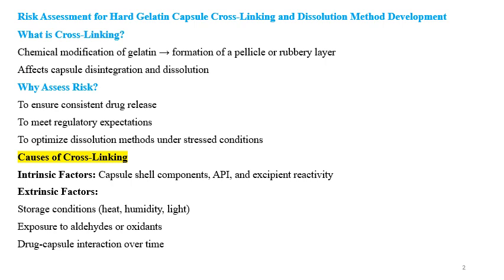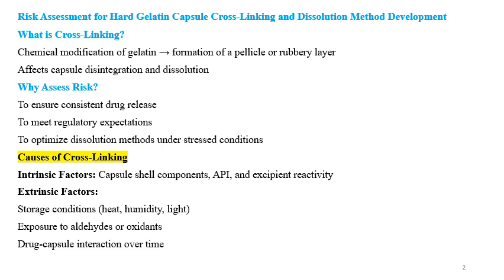That time you will need the dissolution method with enzyme. So whenever you are working on the capsule formulation, do the risk assessment early, during the method development and during the formulation development stage.